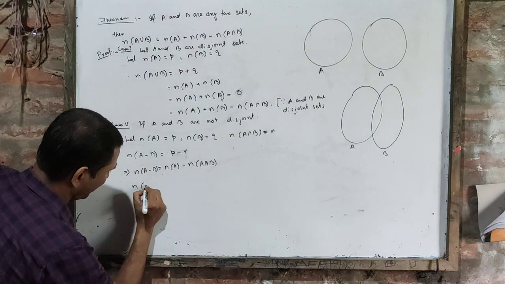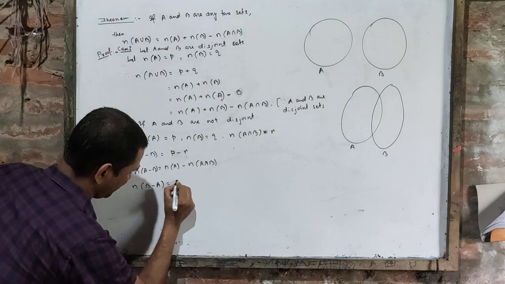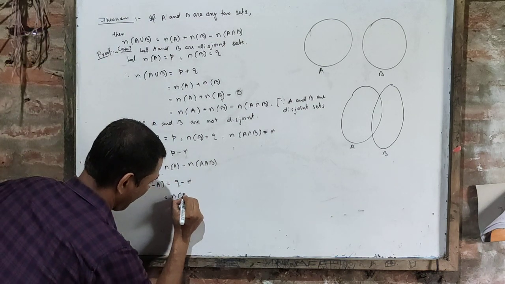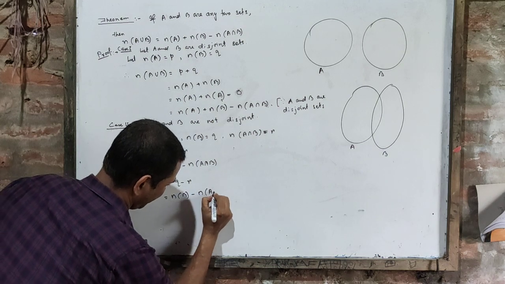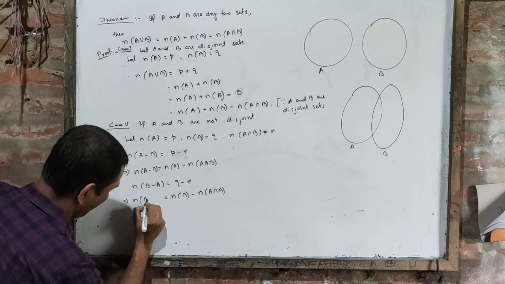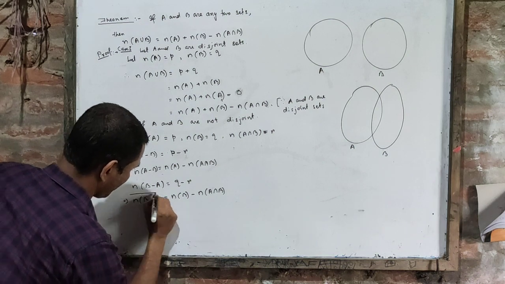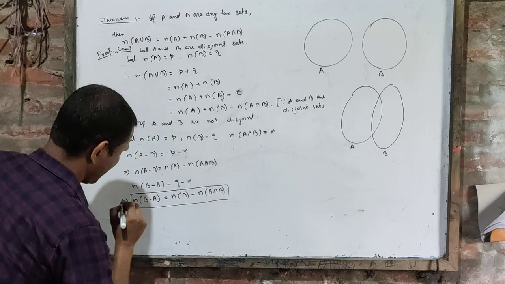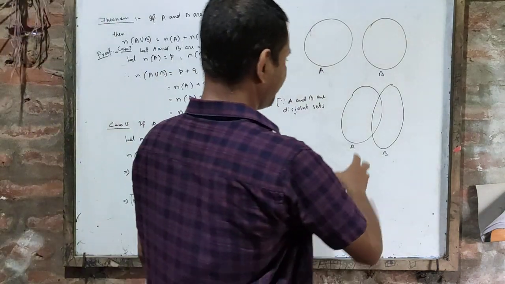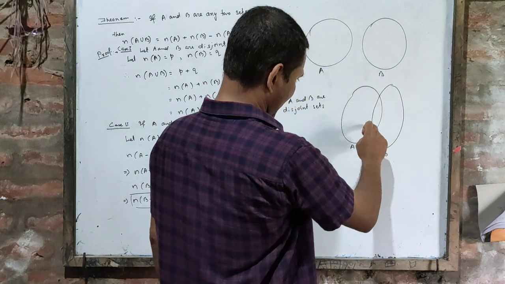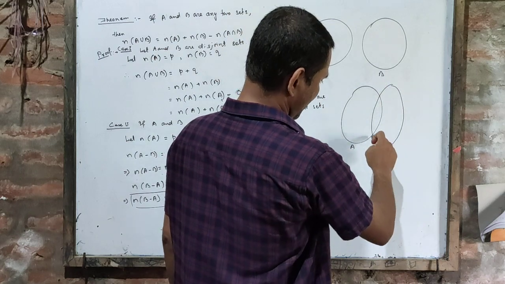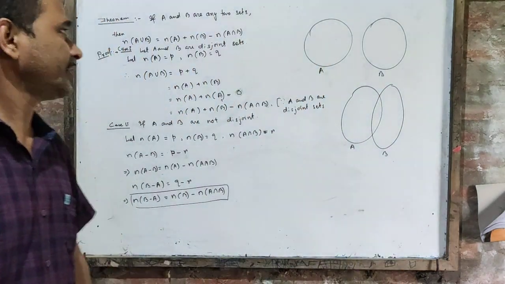Again, N of B difference A will be just like earlier, Q minus R. Q means N of B and R means N of A intersection B. So you have to remember this one also. Now we will get 3 disjoint sets. Okay. One is A difference B, another is A intersection B, and the third one is B difference A. Okay.